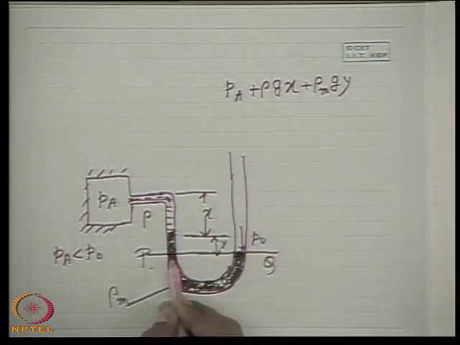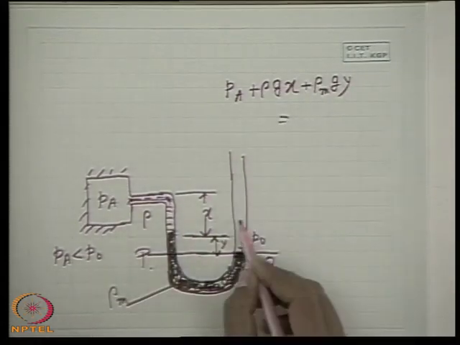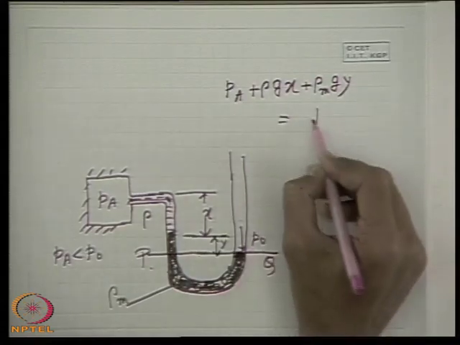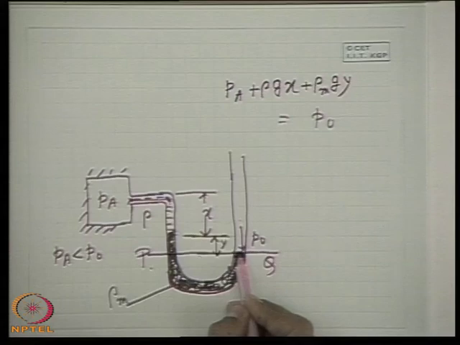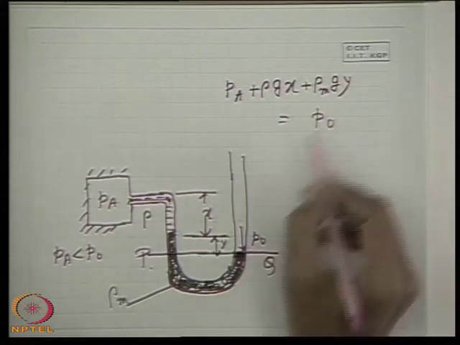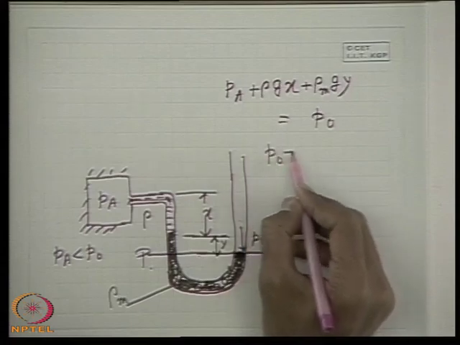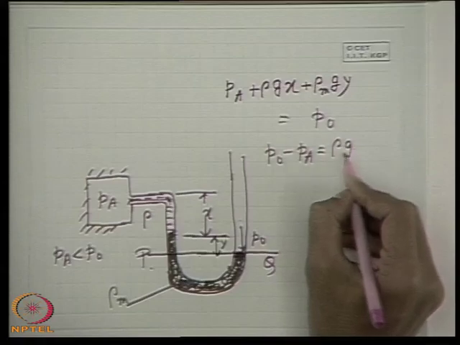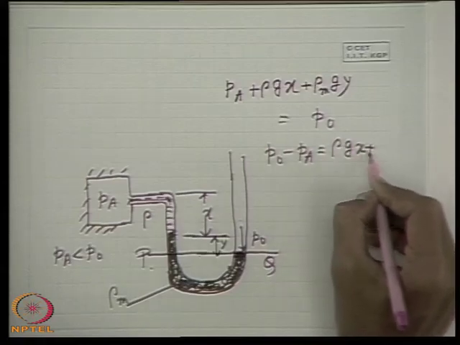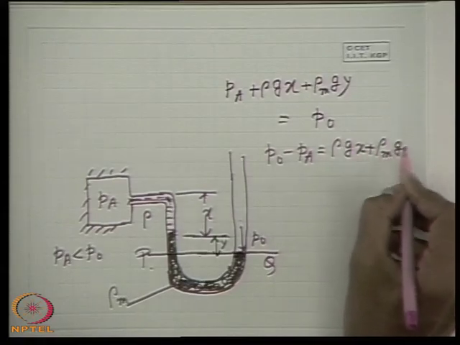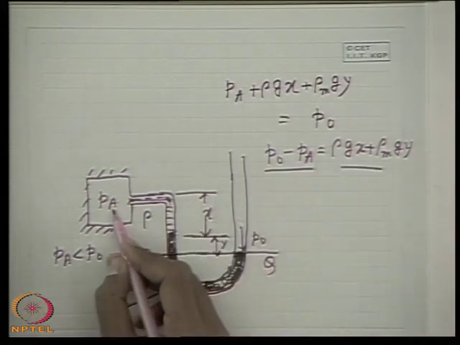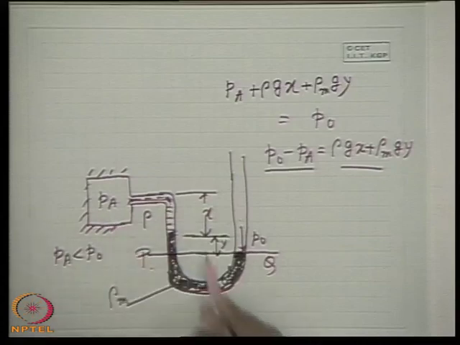Then we come to this point P from this side, and from that side, this point is simply equal to P0, because it is open to the atmosphere, so the free surface pressure is P0. So we get P0 minus Pa is equal to rho G x plus rho m G y. All right, so by this we can find out the pressure of the system which is below the atmospheric pressure.